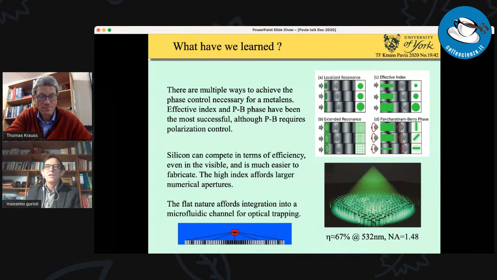Maybe that will explain this control of phase. I saw one seminar of yours where you did this and it was very, very didactic.